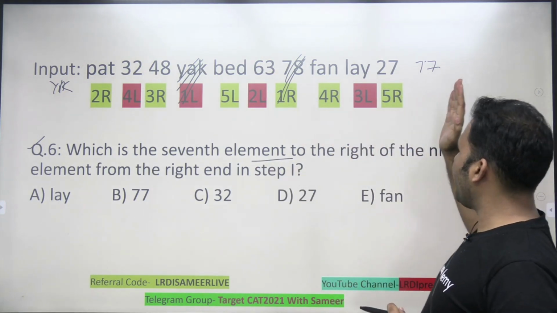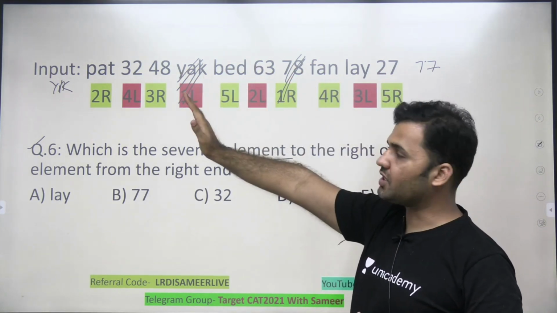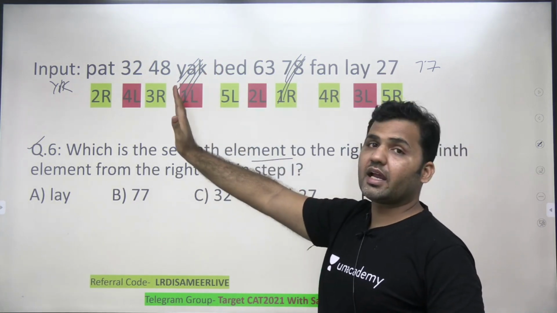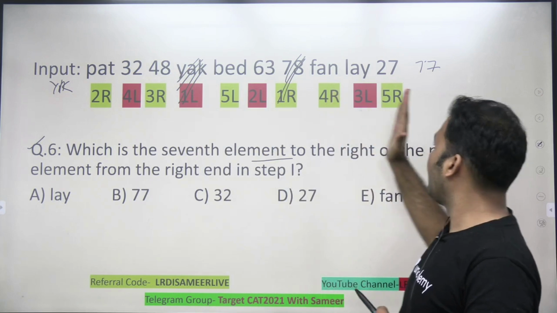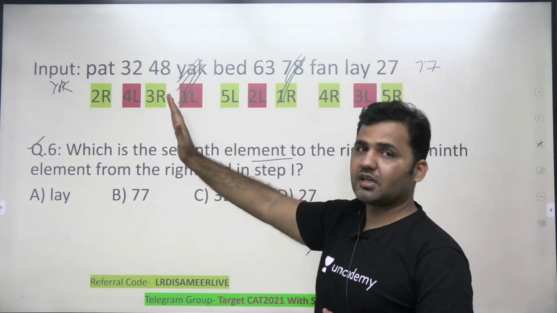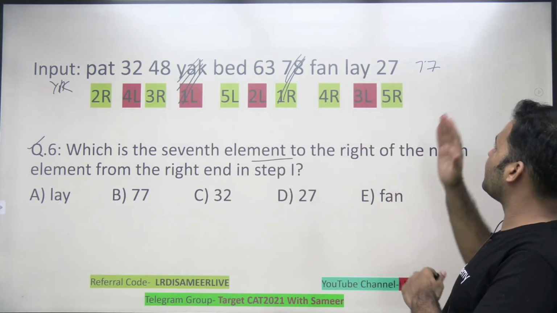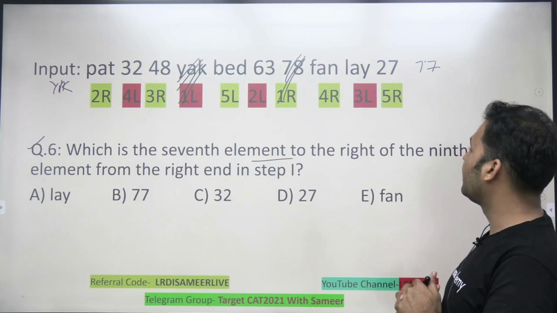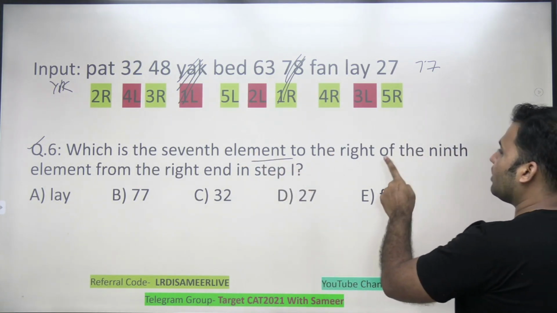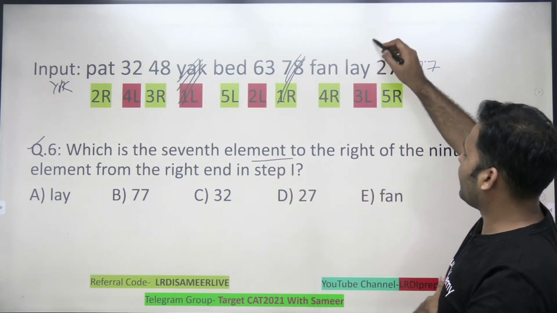So when I count 9 elements from the right end, I'll move 9 steps in this direction. Then I'm supposed to find the 7th element to the right hand side of this 9th element. So I'm moving 9 steps here, and then I'm moving 7 steps back. Finally, I'll reach a position which is 2nd from the right hand side.